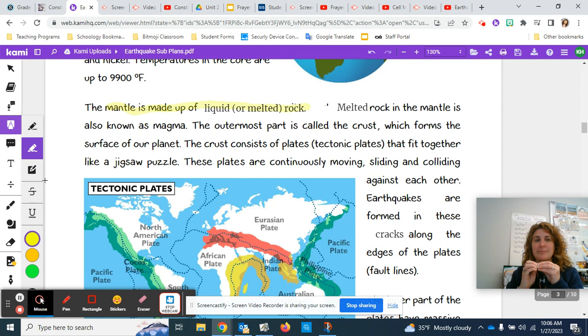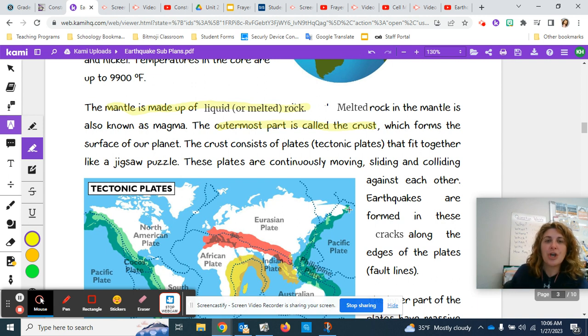They are synonyms, melted rock and magma. The outermost part of the Earth's layers, the outermost part is called the crust. That is the surface of our planet. La corteza es el superficie de la tierra.